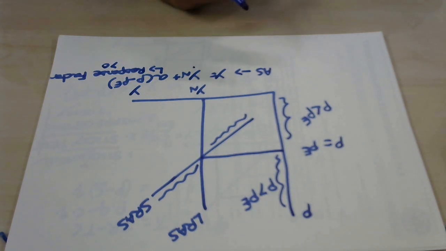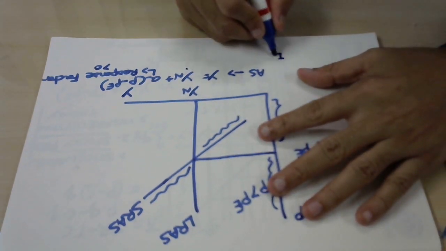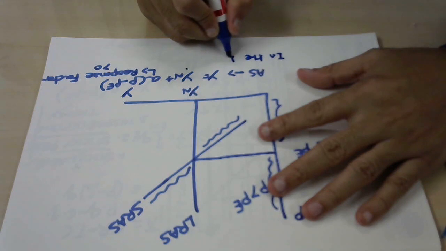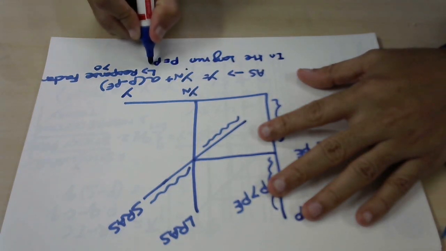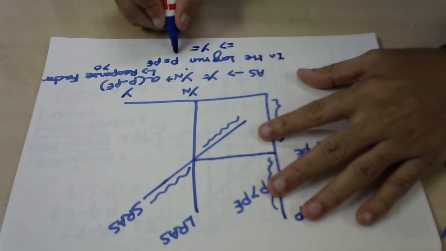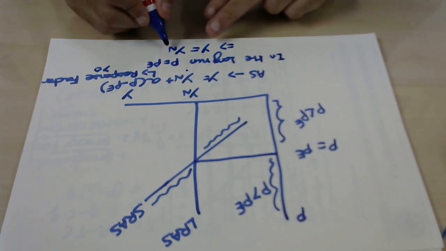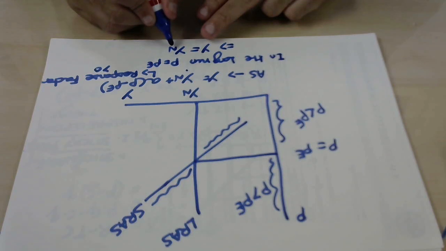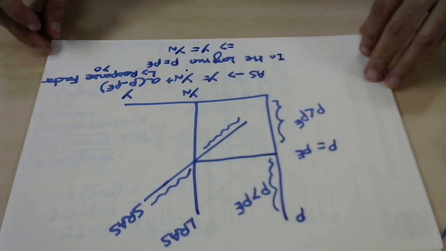Sticky prices no more remain sticky, sticky wages no more remain sticky, and misperceptions are corrected. So in the long run, P is equal to PE, which will give me Y is equal to Yn, and this Yn is nothing but my natural rate of output, which is consistent with the natural rate of unemployment.